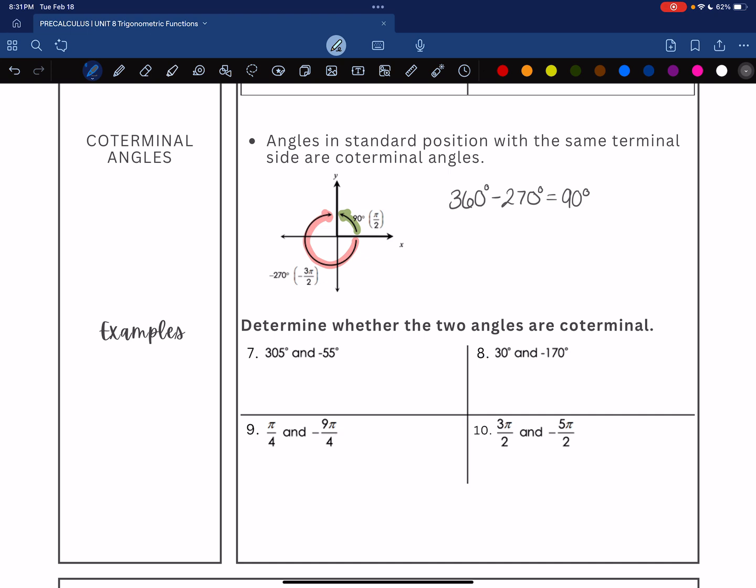So if I take my full rotation and take away from it that negative rotation, that should give me a positive coterminal angle.